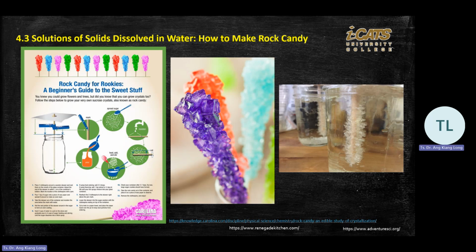You dip the bamboo stick with water, then you dip it inside the sugar, coating the bamboo with sugar. This is to start the crystallization. Then you dip the stick with the sugar into the supersaturated solution. You leave it over time, then new crystals will form. At the end, you will see something like this. The colors are actually fruit coloring.